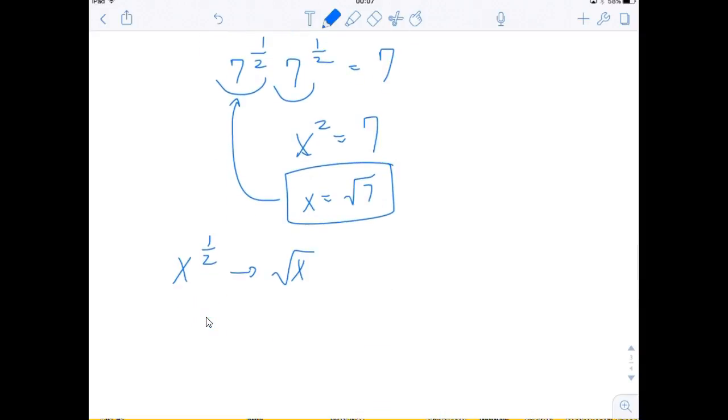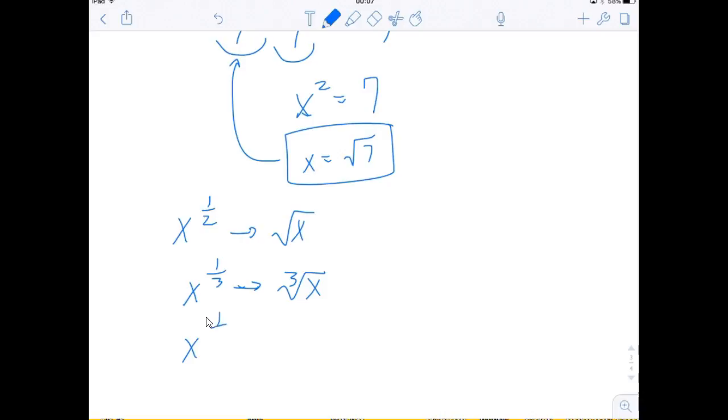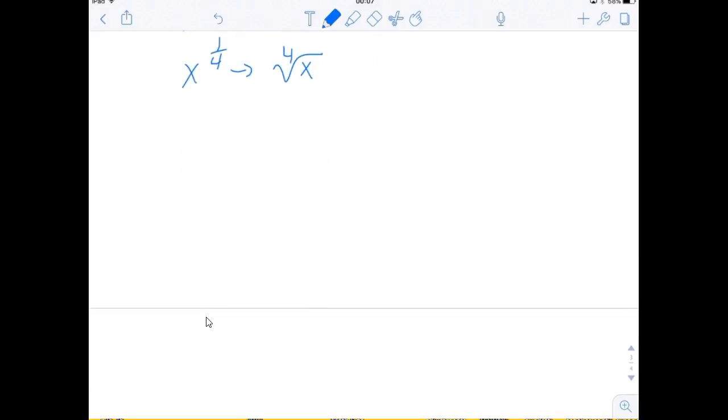And later, you can also see that if you have x to the 1/3, it's equal to the cube root of x. And if you have x to the 1/4, it's equal to the 4th root of x. Okay? So in summary, let's go over all the rules. Okay.